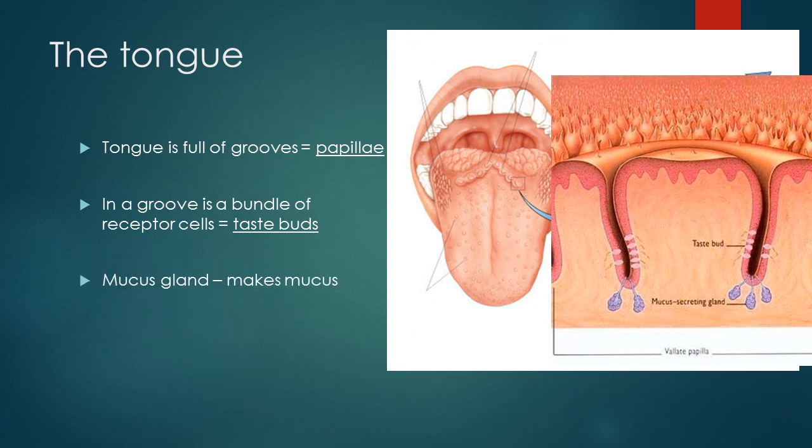This one is, for example, you're eating something and a bit of onion comes into your groove. You don't want to taste that onion 2 weeks later because that onion is still stuck in the groove, in the papilla. Thanks to the mucus secreting gland, that piece of onion also gets out of the groove. It clears it.